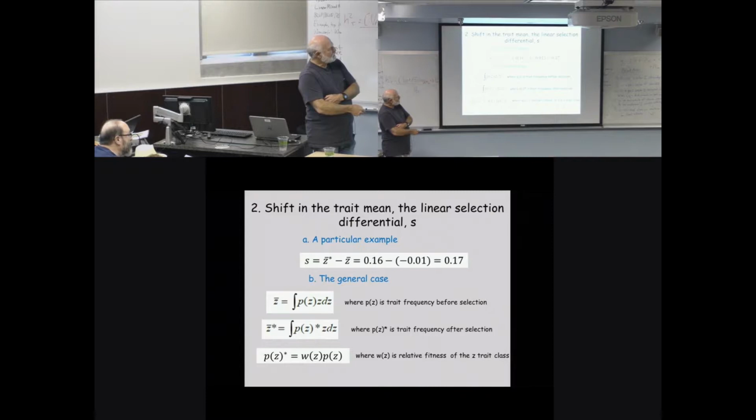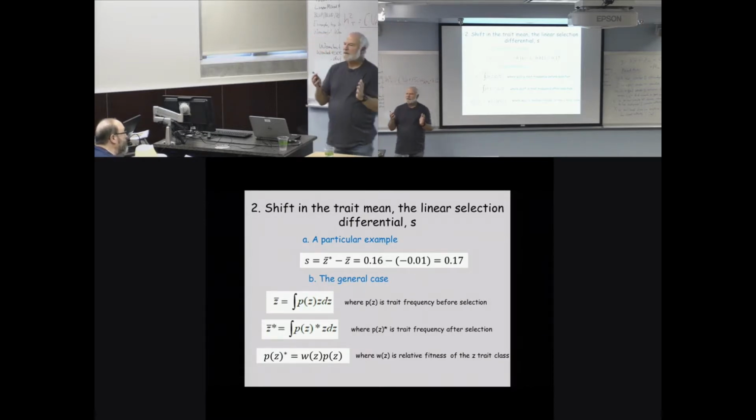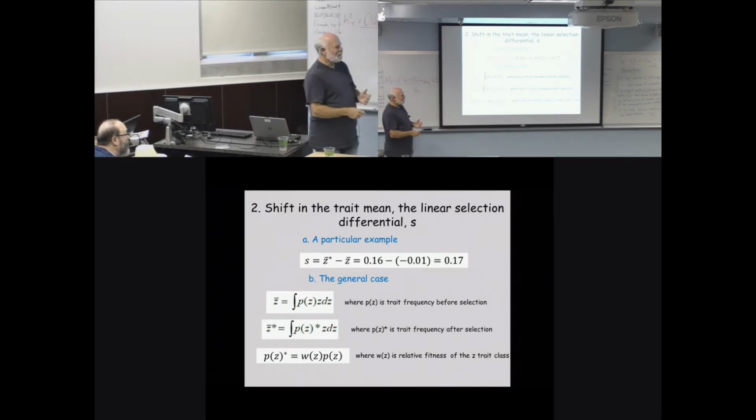So what we're going to say as a general formulation is that the new weighting is each phenotypic class frequency before selection weighted by relative fitness, which has a mean of 1 just as a matter of definition. And that's what P of Z is. It's the original class weighted by fitness. So the lovely thing about this is we paid a cost in comprehension because we went to our integrals, dredging them reluctantly out of our deep memory perhaps. But nevertheless, you all took calculus.